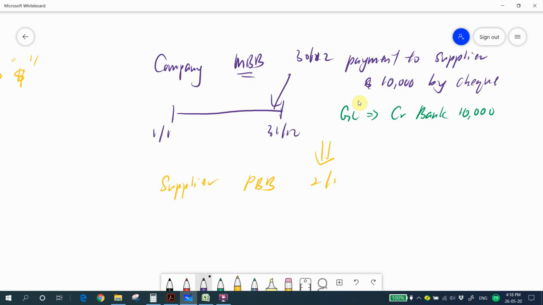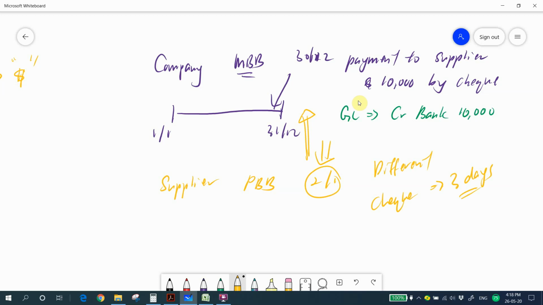Why does the supplier only receive on this date? Because normally when you have a different bank for check payment, you have 3 floating days.